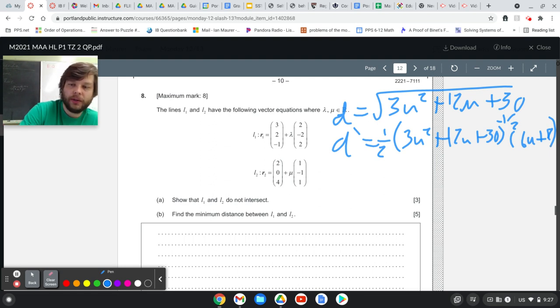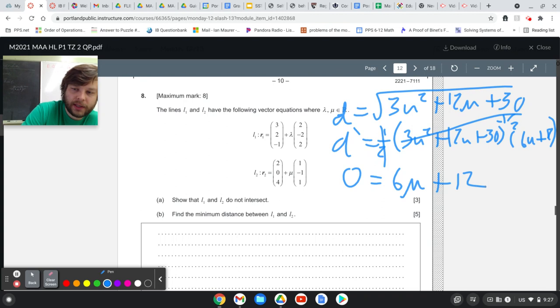And that's going to equal 0. When it equals 0, I can multiply both sides by 2, and I can multiply both sides by this, and all I have is 0 equals 6 mu plus 12, telling me that -12 is 6 mu, -2 is mu.